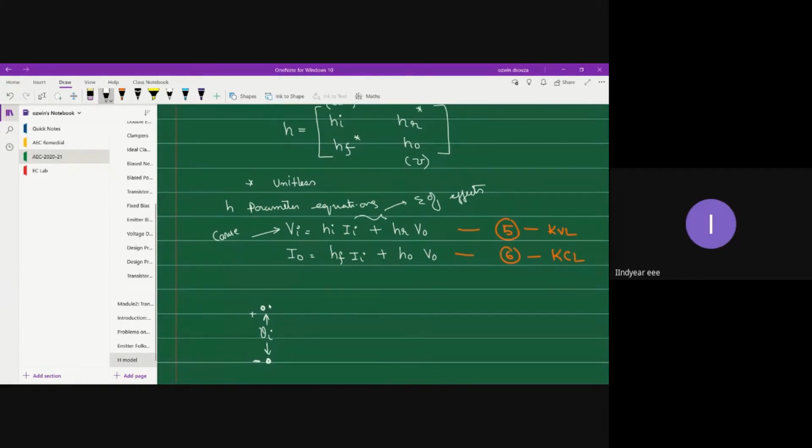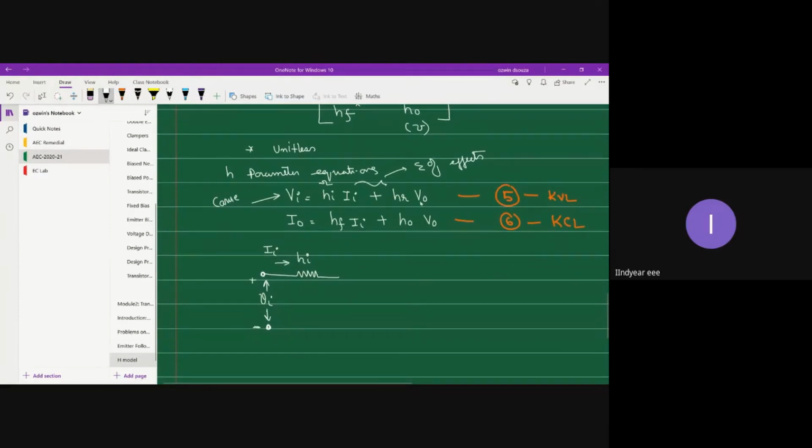So Hi into Ii. What is the unit of Hi? It is ohm, right? So basically ohm into current, so that is actually your voltage drop. So we can represent Hi as a resistance, and through Hi, let us show the input current Ii. So we are done with the first term. The second term is HR into V0, so it is some constant times voltage.